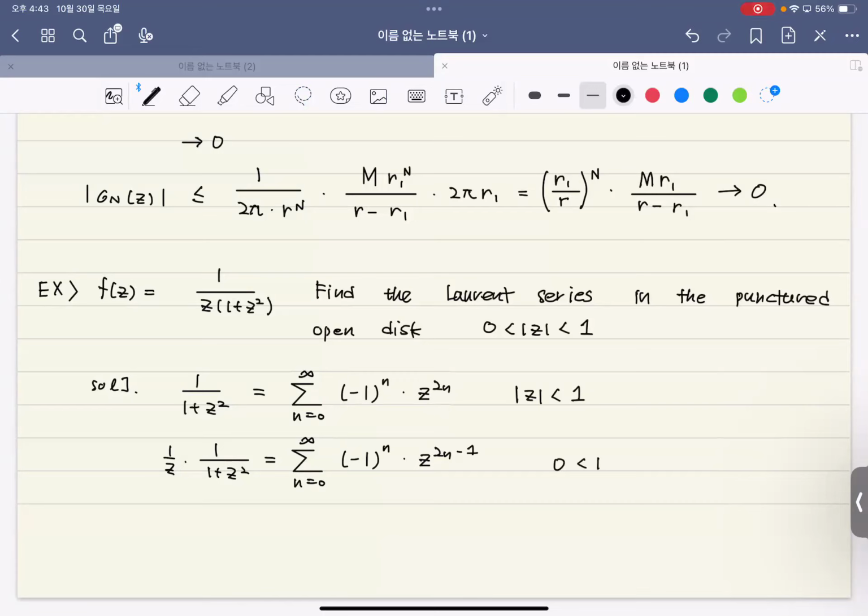Now since my function 1 over z is not defined at the center of this expansion, this domain is now my punctured domain. For the lowest index n equals 0, the exponent is not positive anymore. So your exponent here is a negative exponent. So that means this is when n equals 1 to infinity.